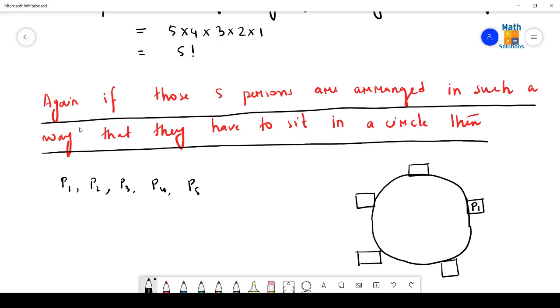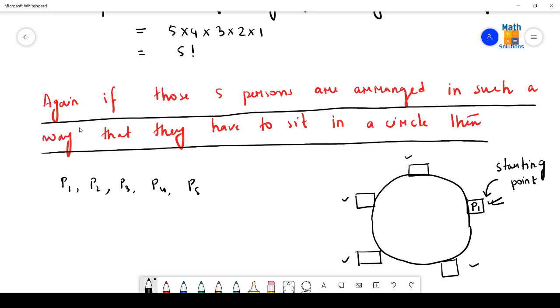With respect to the position of this first person, we consider this to be the starting point. Since this is a circular arrangement, in a circle there is no starting point and no ending point. The curve is closed. Therefore, we consider this to be the starting point. Considering this to be the starting point, the second person can sit here, here, here, in this case also.